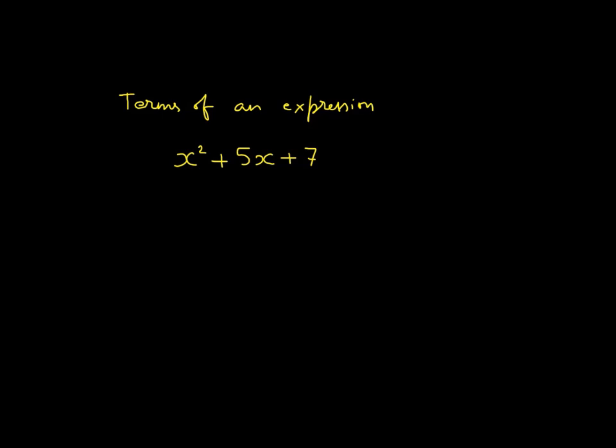Now these three are the terms of this expression. This is first term, second term, and the third term. So terms of an expression are defined by the signs of addition or subtraction.